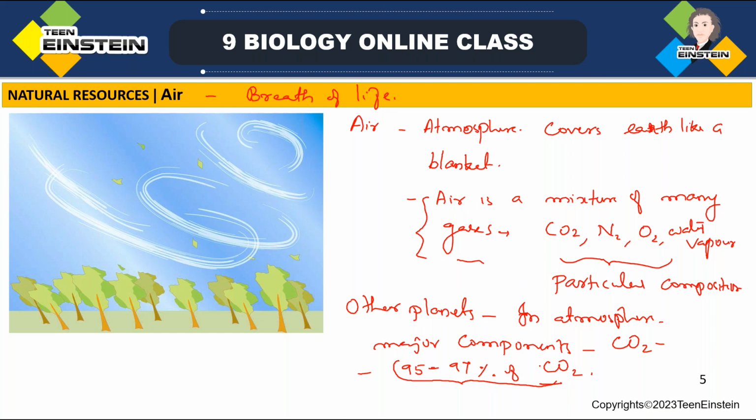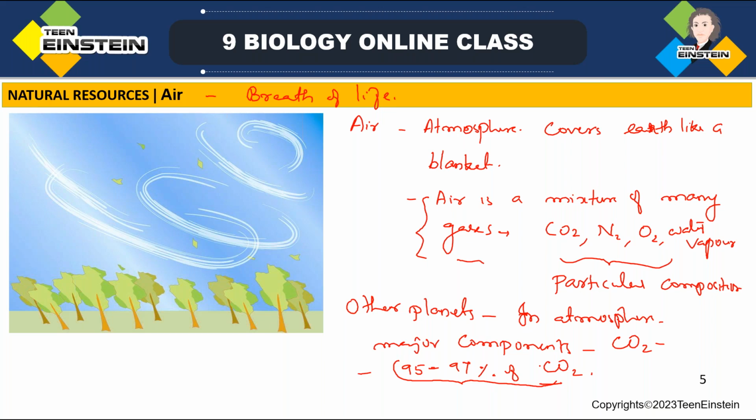The atmosphere covers Earth like a blanket, and air is a mixture of different gases like nitrogen, oxygen, carbon dioxide, and water vapor. That is the speciality of Earth: the air has a particular composition, a definite percentage of each component. But in other planets, the atmospheric composition is different.